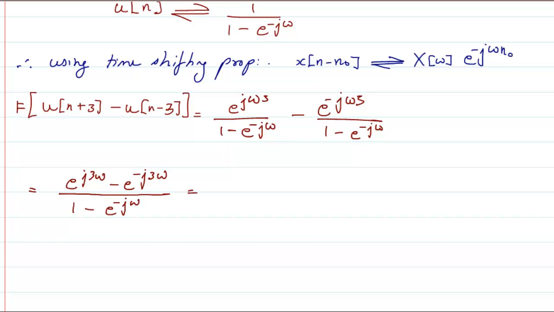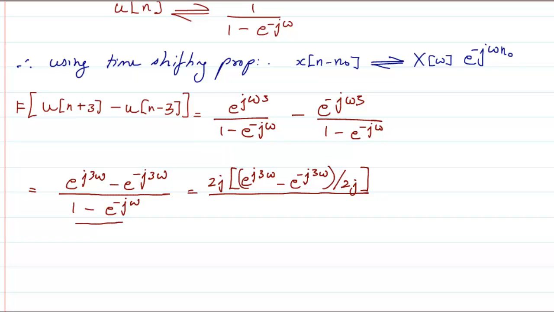Okay, and here I can multiply and divide it with 2j, so I will get 2j times e raised to power j 3 omega minus e raised to power minus j 3 omega, and this divided by 2j. Why am I doing that? Because I want to convert it into sine.